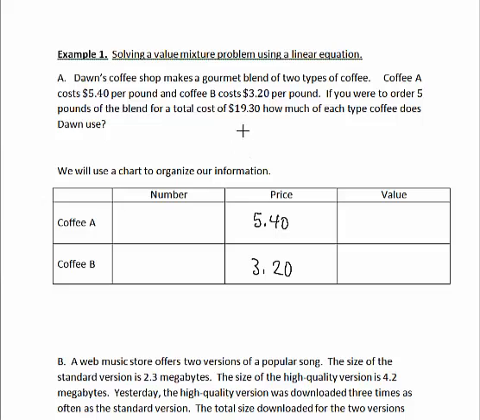Alright, so number of pounds. Where in the problem did we mention the number of pounds of coffee A or B? Well, the only place where pounds comes up is here, 5 pounds, okay? But it's not specifically referring to coffee A individually or coffee B individually.